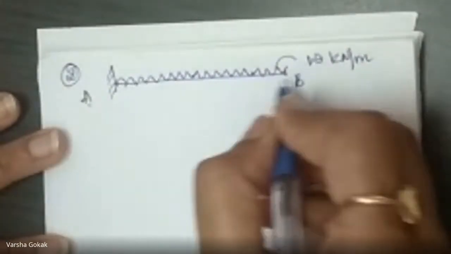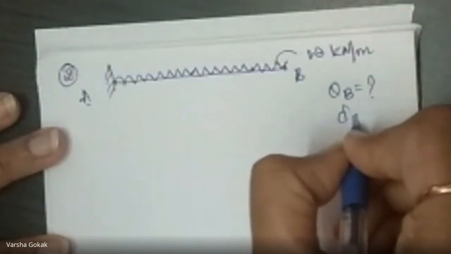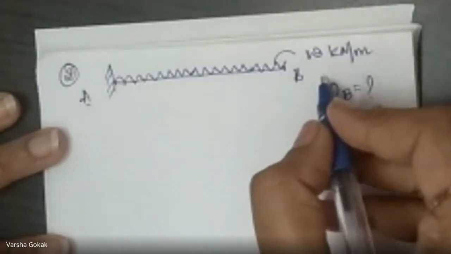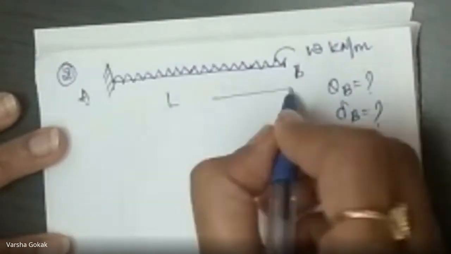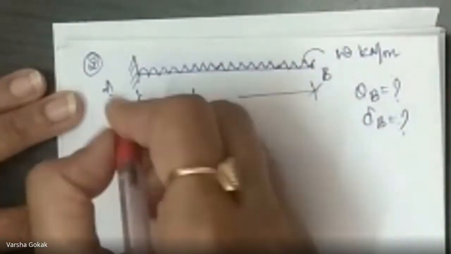So if I call this A and this B, I want theta B and delta B, that is the slope and the deflection at the free end. The span is given as L. Now this is a real beam. So what are the reactions in the case of a real beam?